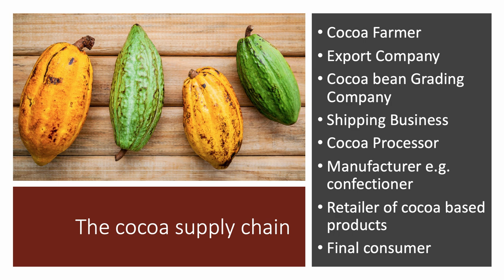They may well then be passed on to a bean grading company for shipping, perhaps outside of Ghana or the Ivory Coast. The cocoa beans are then processed and their raw materials are then manufactured into final products, confectionery items, chocolate cakes and so on. These are then passed on to retailers who sell the products to the final consumers.